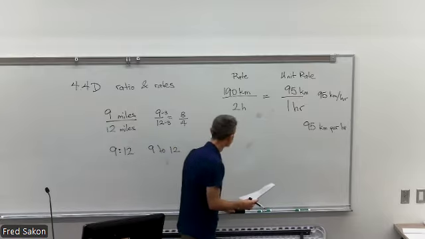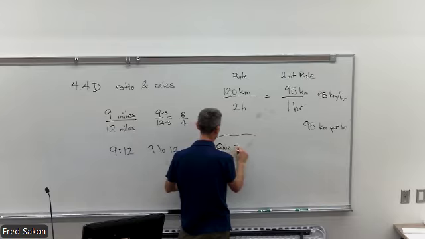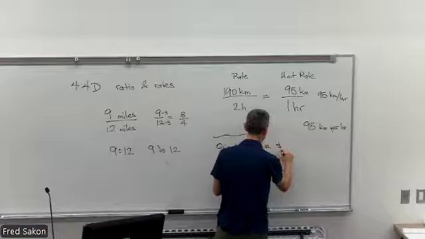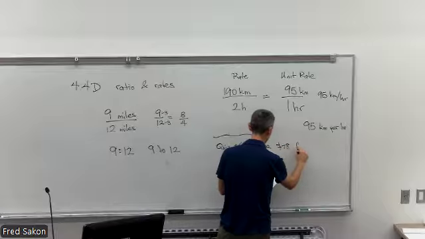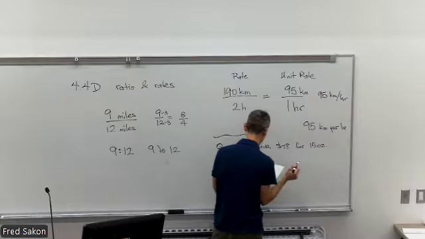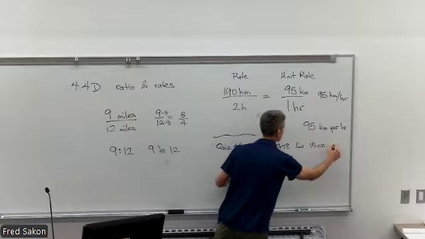Let's look at that quiz item number 4 for some context on that kind of thing. It says write $78 for 15 ounces as a unit rate.